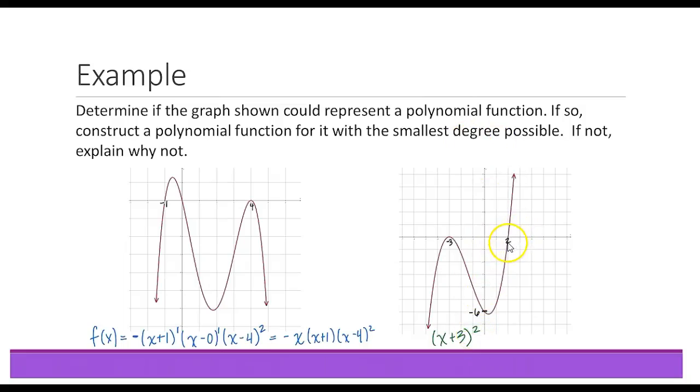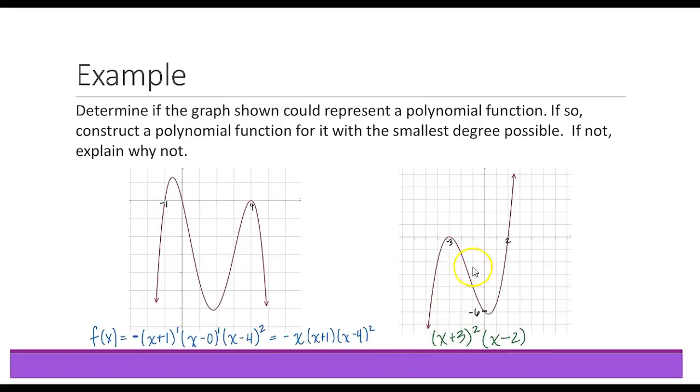The second 0 is at 2 where it just cuts, so we're going to have x minus 2 to the first power. So I'm not even going to write anything there because we know that it's implied a 1 if we don't.